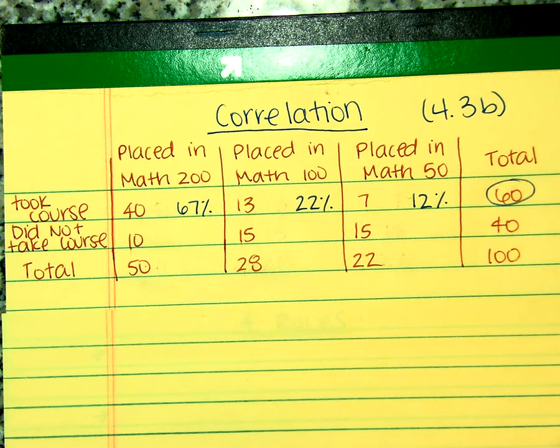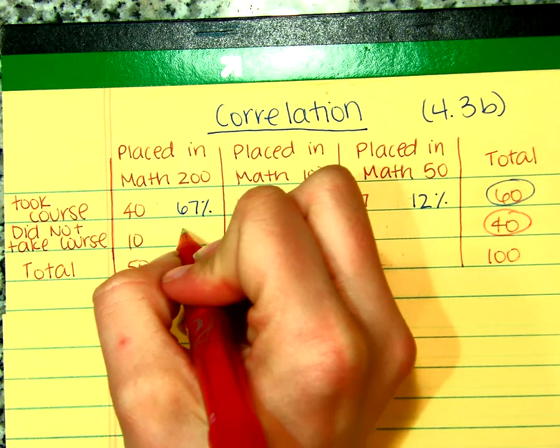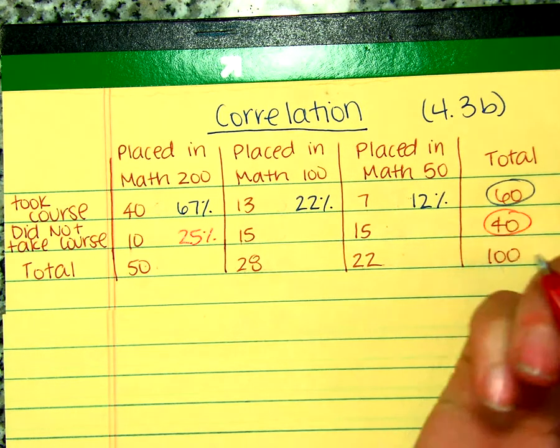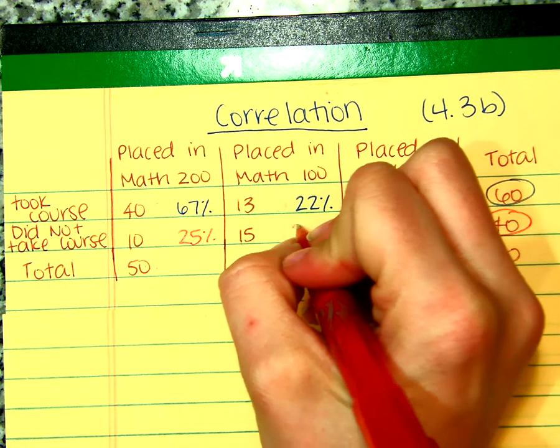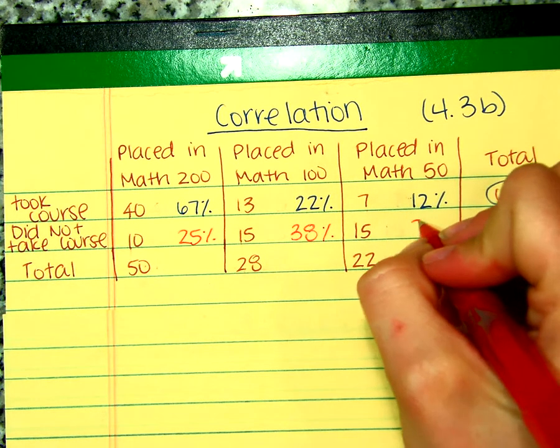Now, to determine the conditional relative frequency for whether or not they did not take the course, I need to divide by 40. That marginal frequency. This is going to give us 25%. This is going to give us 38%. Another 38%.